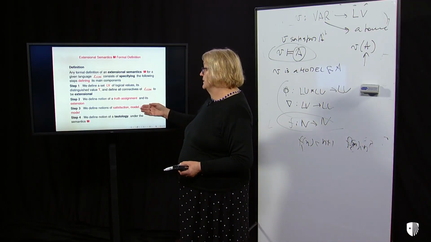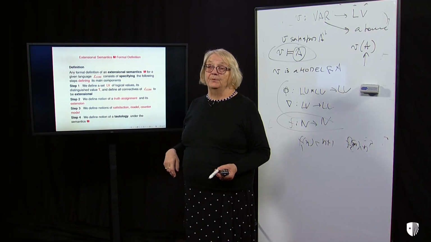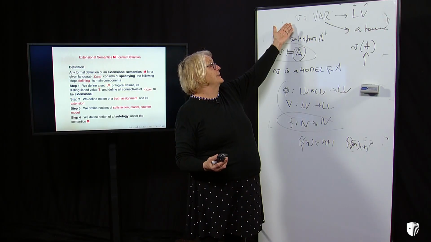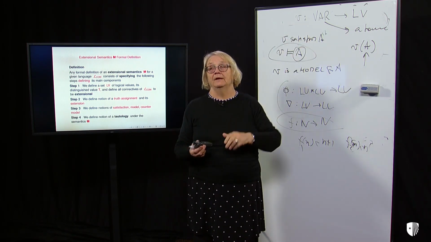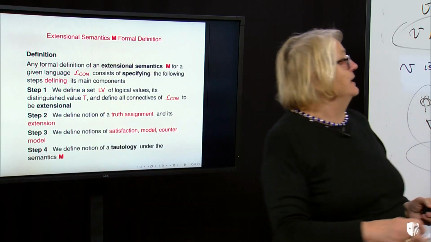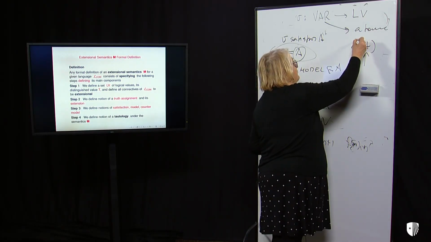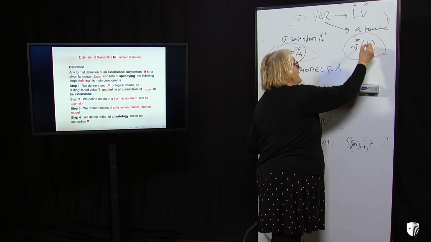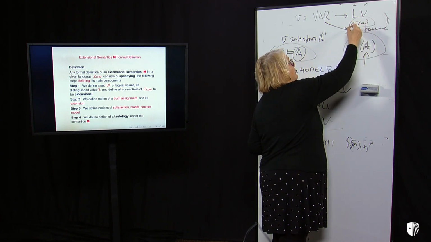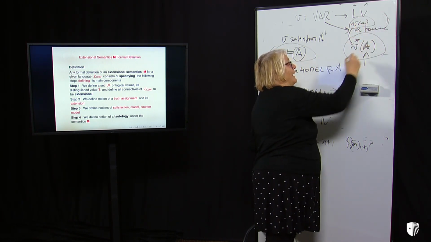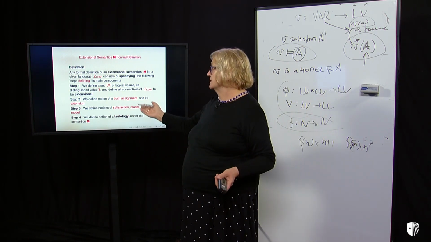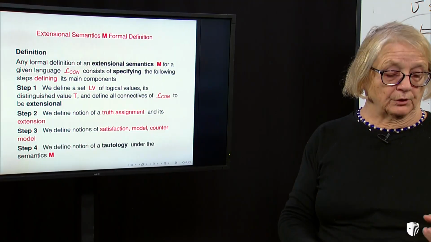And the next step, we define the truth assignment. And truth assignment is always variables into logical values. And now we also have truth assignment and its extension. It means you have to define what this truth assignment does on any formula, because here you have only V of A for atomic formulas. And then we define the notions of satisfaction, model, countermodel, and tautology.